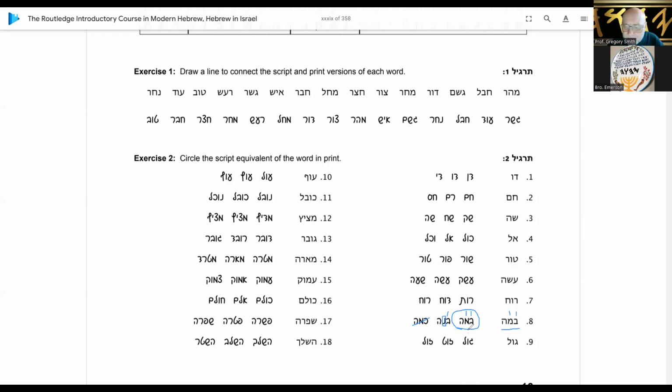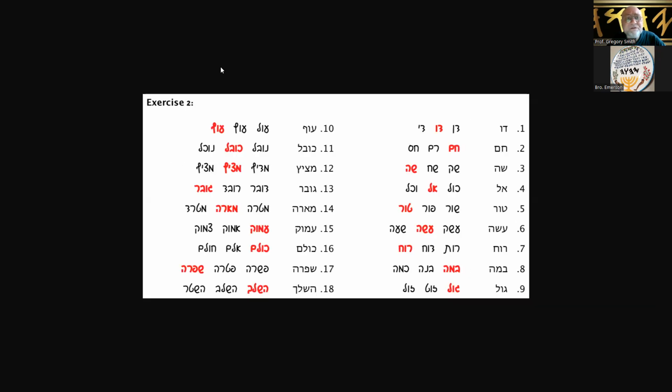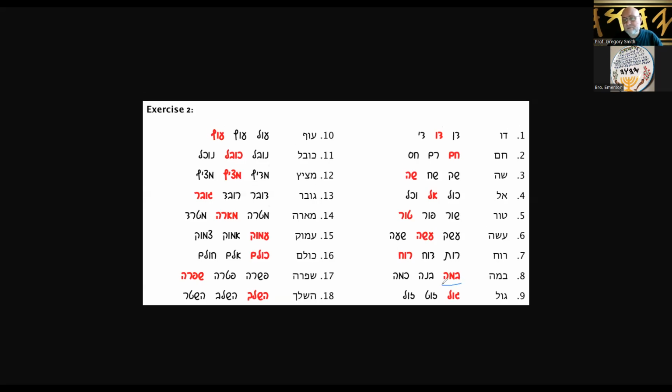But this one in cursive, it's a mem. And so it's going to be the first one. So bama, in what? And yes, there it is. Bama in cursive.